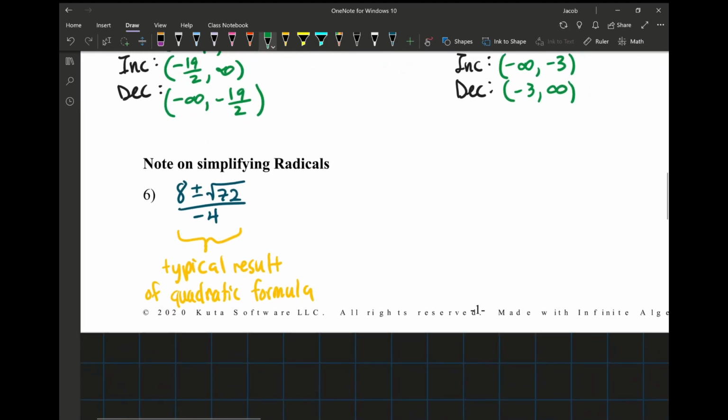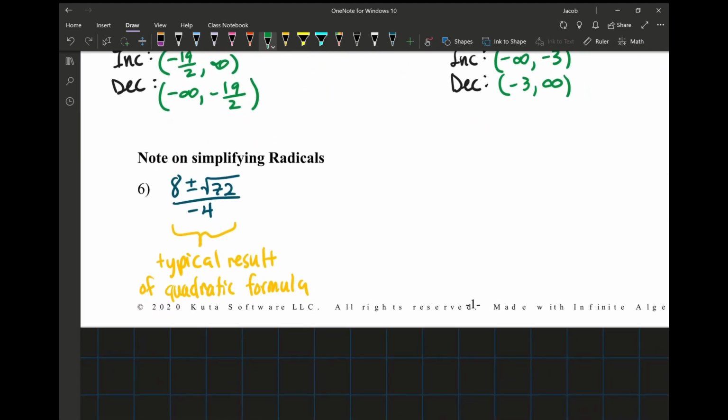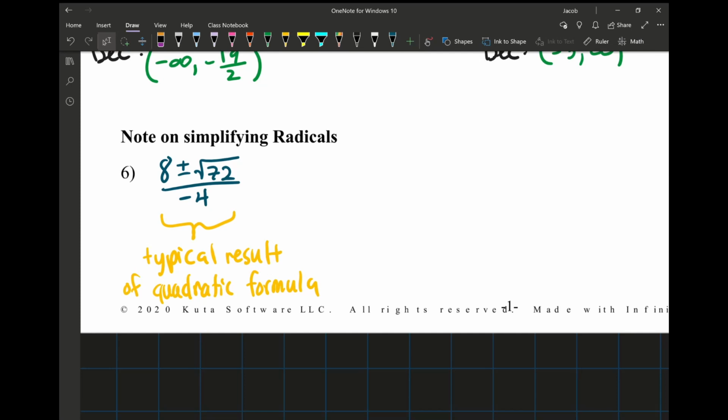Great. And a quick note on simplifying radicals, because I know it comes up when solving for x-intercepts. This is a typical result from the quadratic formula, or maybe from using a complete the square problem to solve.